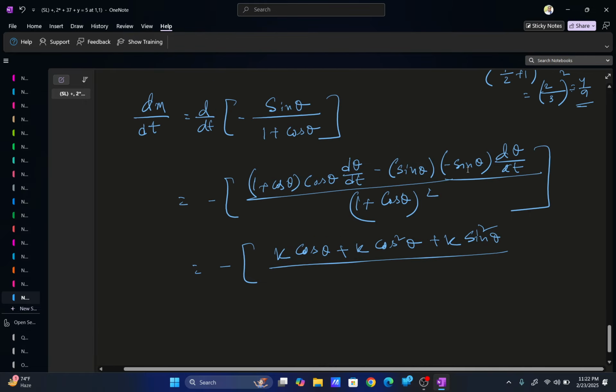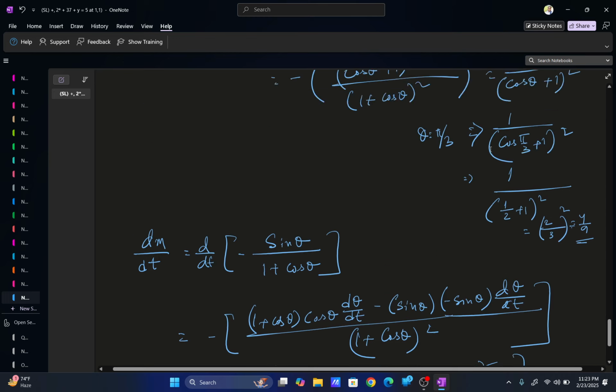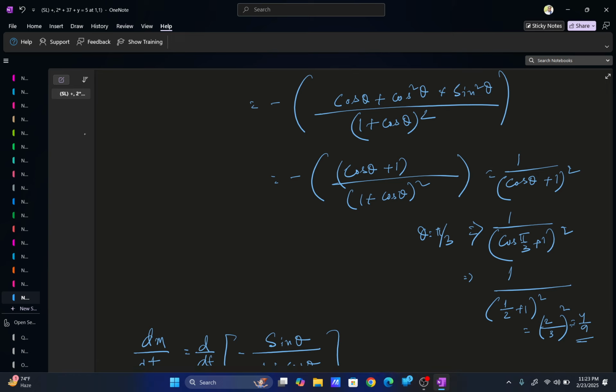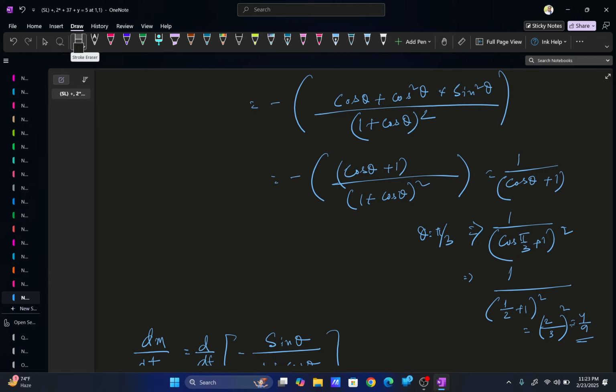Okay, cos theta square. Okay, oh sorry, in this case I just made a mistake. Sorry, there is a negative sign and the answer is basically minus 2 by 3.